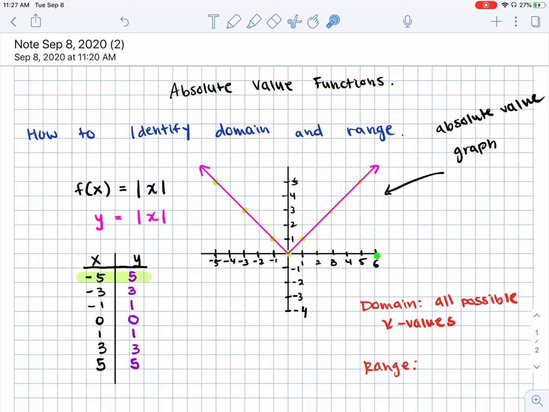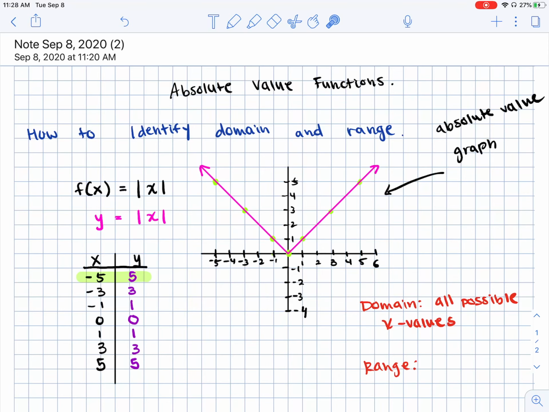Will it stop at 6? Will it stop at 10? You'll notice we have an arrow here, which means this graph is going to go forever and ever and ever, continuing on and on. And right now my iPad cannot contain this graph. If we keep going, this x value will also keep going.